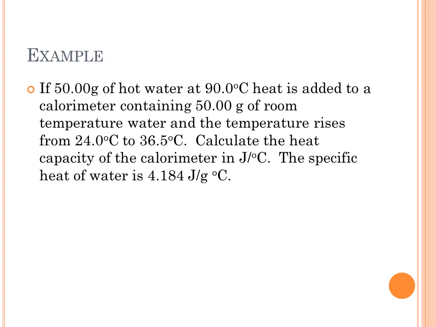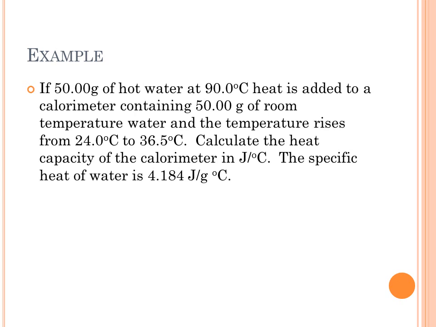So let's say we take 50 grams of hot water at 90 degrees Celsius and we add it to a calorimeter containing 50 grams of water at room temperature, meaning 24 degrees Celsius in this case, increasing that temperature to 36.5 degrees Celsius. Calculate the heat capacity of the calorimeter in joules per degree Celsius, realizing the specific heat of water is 4.184 joules per gram degree Celsius.